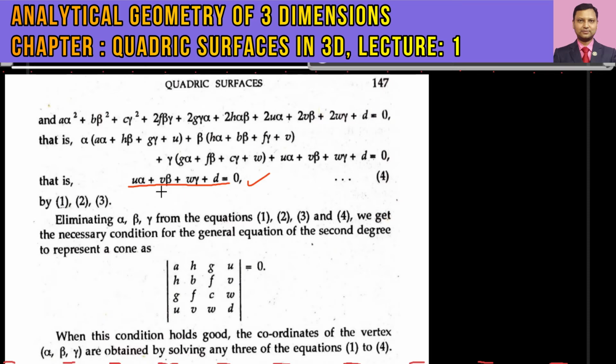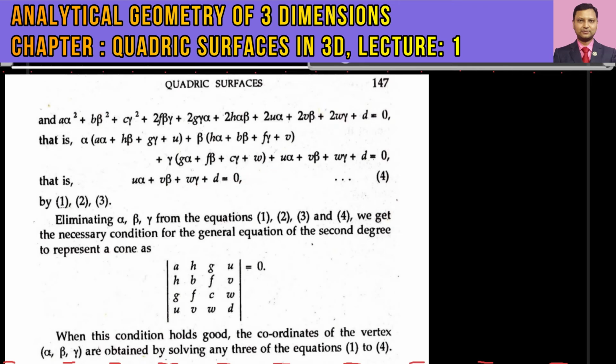Now from these four equations, if you eliminate alpha, beta and gamma, you will get this type of determinant equal to 0. So this is the condition under which a general equation of second degree involving three variables would represent a cone. All right, so this is the condition for representing a cone.